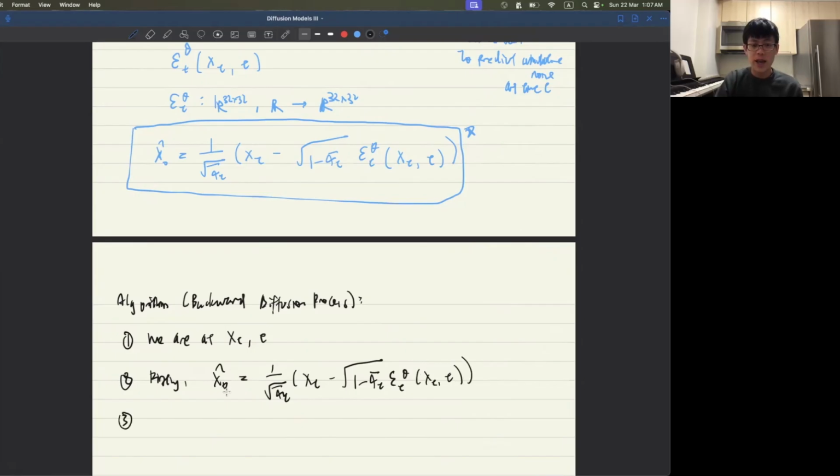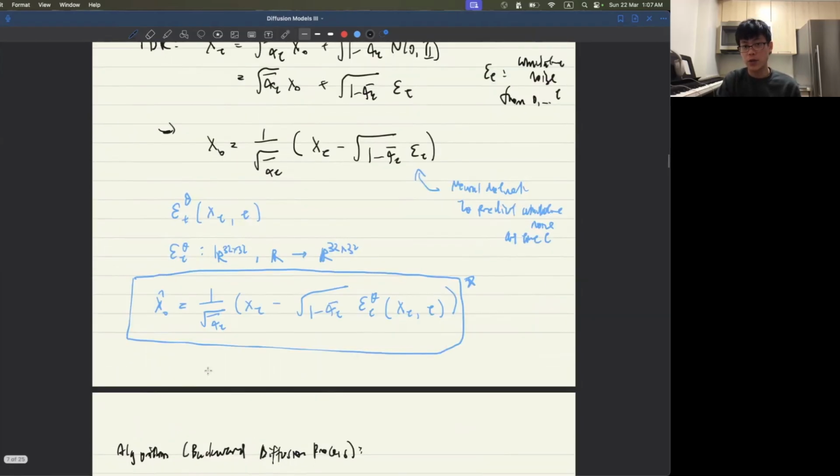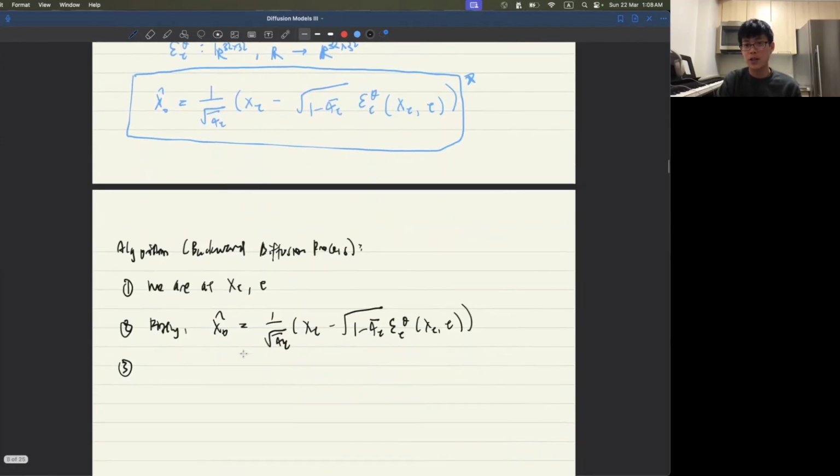Then with this x0 hat, our prediction for x0, we use part 2 of our solution to get xt minus 1 hat to be atxt plus btx0 hat plus ct times normal 0, I. The reason why part 2 exists in the first place is because we don't have x0. But since we have already predicted x0 with our x0 hat, we're just going to use that here.